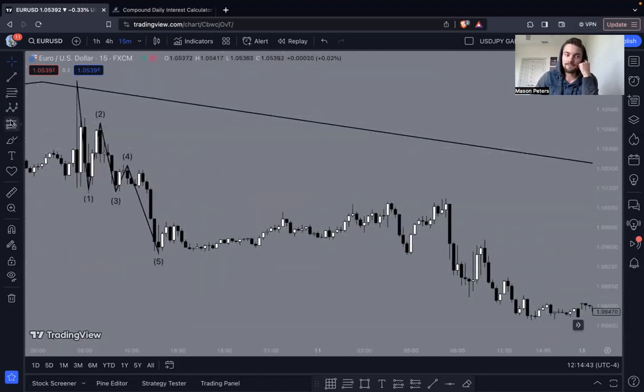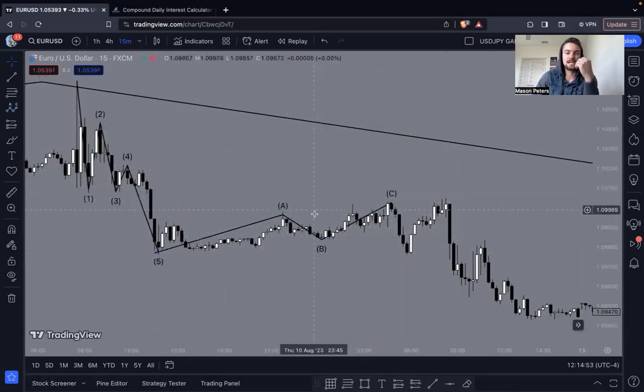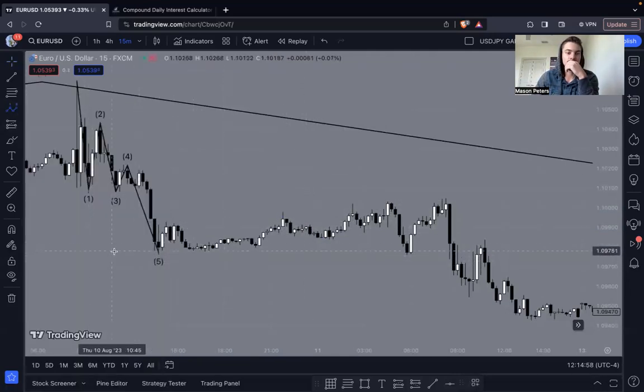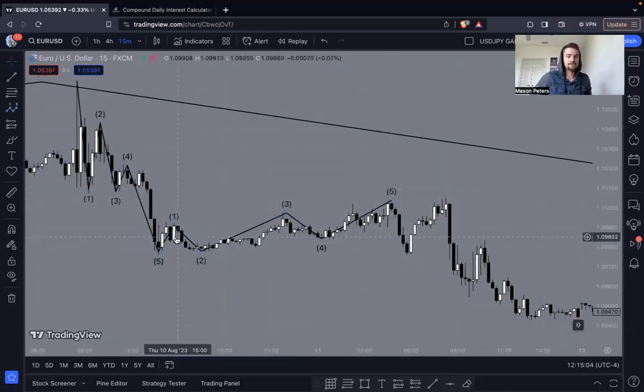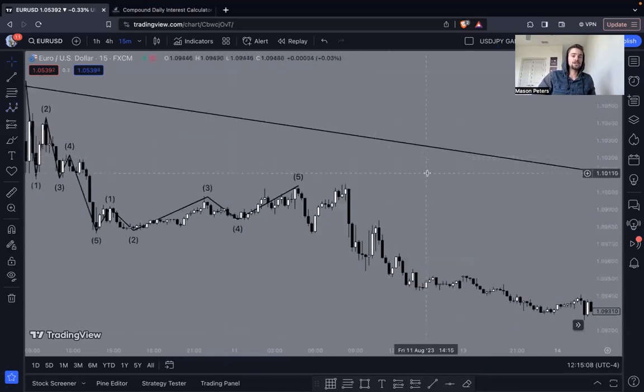And then we have a 5-wave consolidation. Actually, this is not. I mean, I guess you could say that this is an A, B, C retracement. You know what I mean? Like this is an ABC, but there's still waves within that, which you could mark up. So you have 1, 2, 3, 4, and 5. So you have your 5-wave uptrend now inside your ABC correction.